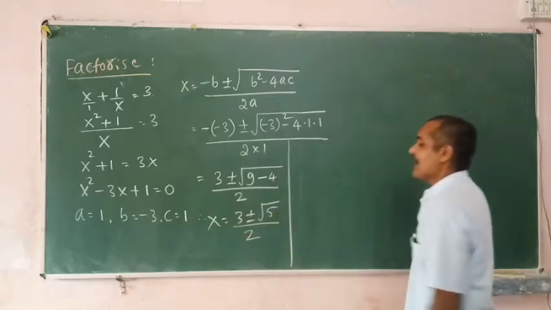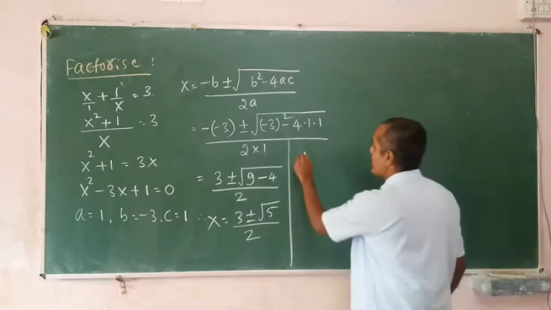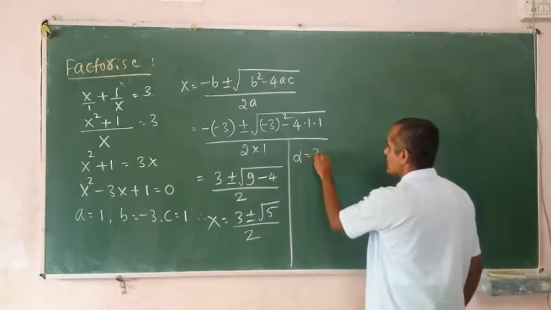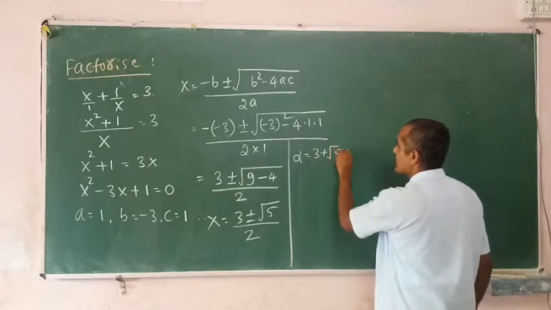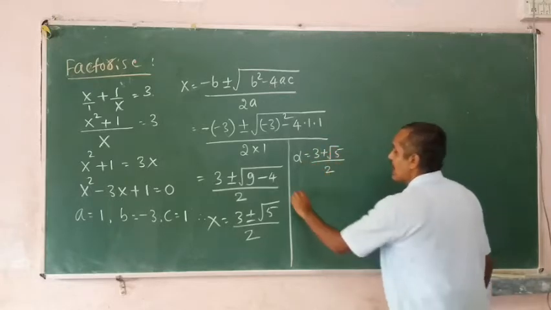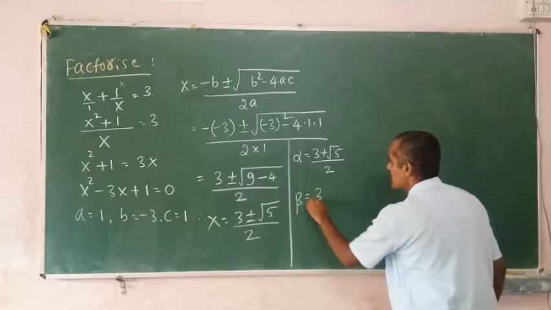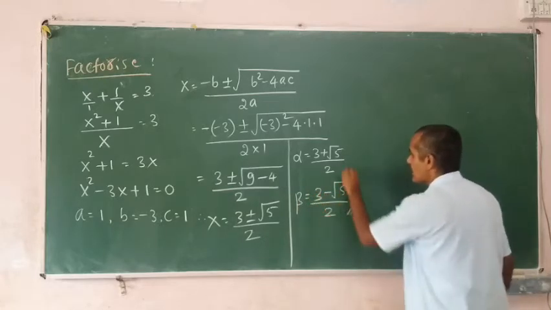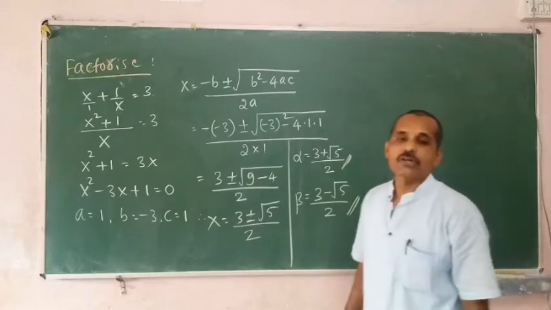From there, I can find two roots. Alpha is equal to 3 plus root 5 divided by 2 and beta is equal to 3 minus root 5 divided by 2, are the roots of the equation.